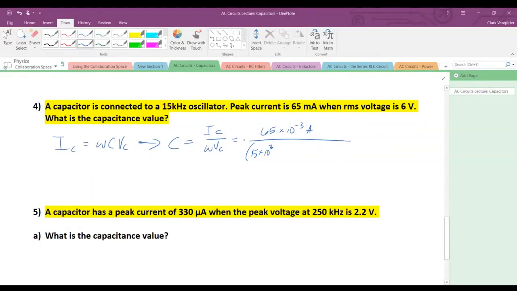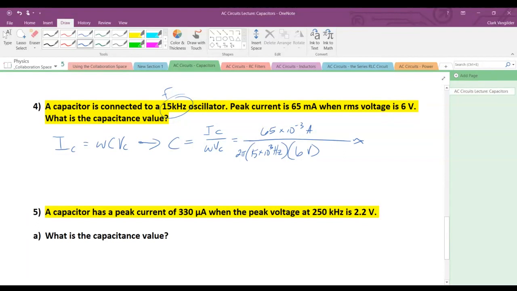Oops, I've got to put my 2 pi in there, because this is a frequency, not an omega, in hertz. And then the voltage was 6 volts.